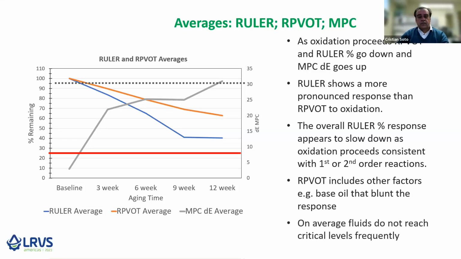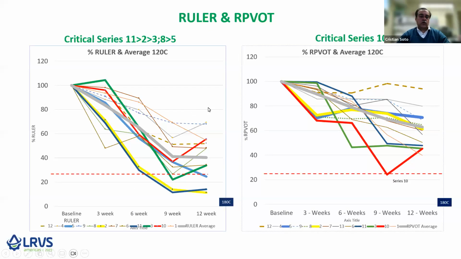However, the picture changes very much once we start looking at individual oils. We can see that there are many lubricants reaching critical condition. These are captured in the upper part.